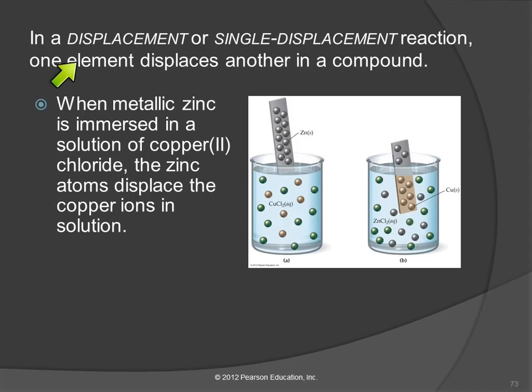We've got one element displacing another. Here we've got zinc coming in by himself, and we've got copper chloride in solution. Copper brought chloride to this party. Zinc came by himself. But it turns out that the zinc and the chloride like each other, and so copper is getting left out.